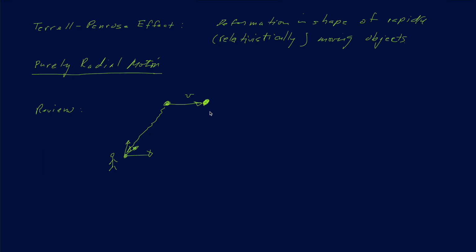It's kind of like Zeno's paradox, the Achilles and the tortoise and the hare. So by the time he gets here, the ray of light is here. So this over here is what we would call the true position of the object. And this is what we would call the apparent position.